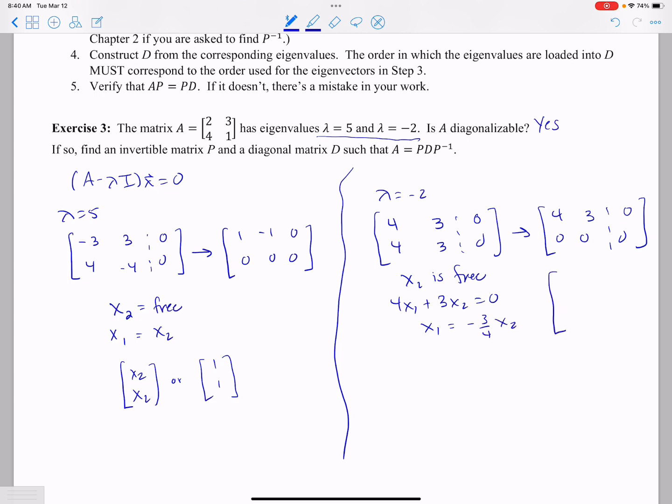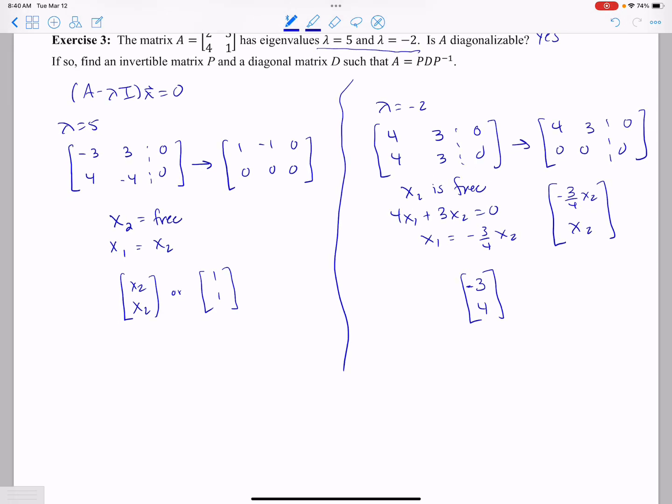So in vector form, I have x2 is free, and x1 is -3/4 x2. I'm going to choose x2 to be 4 so that I get a -3. So if I want to create my P, I'd have 1, 1, -3, 4. My D would be 5, 0, 0, -2.